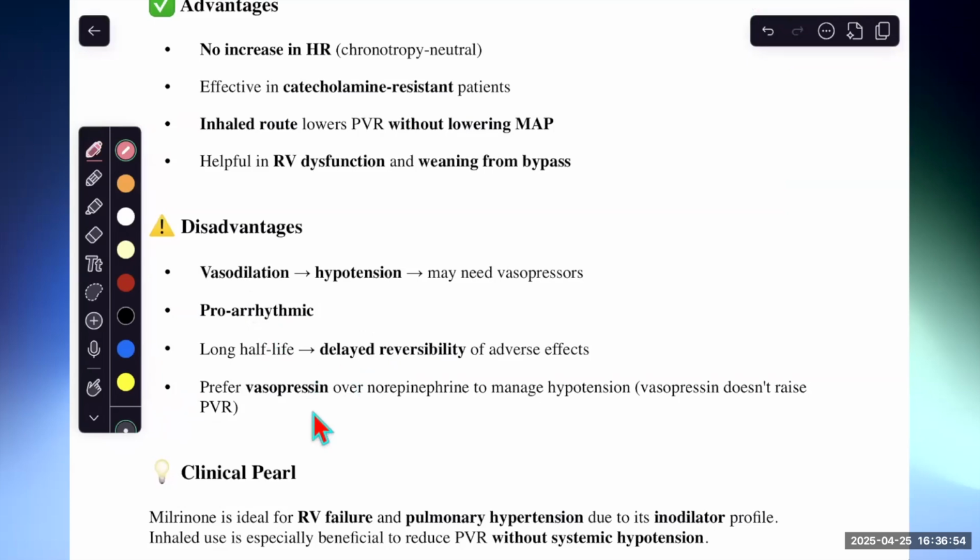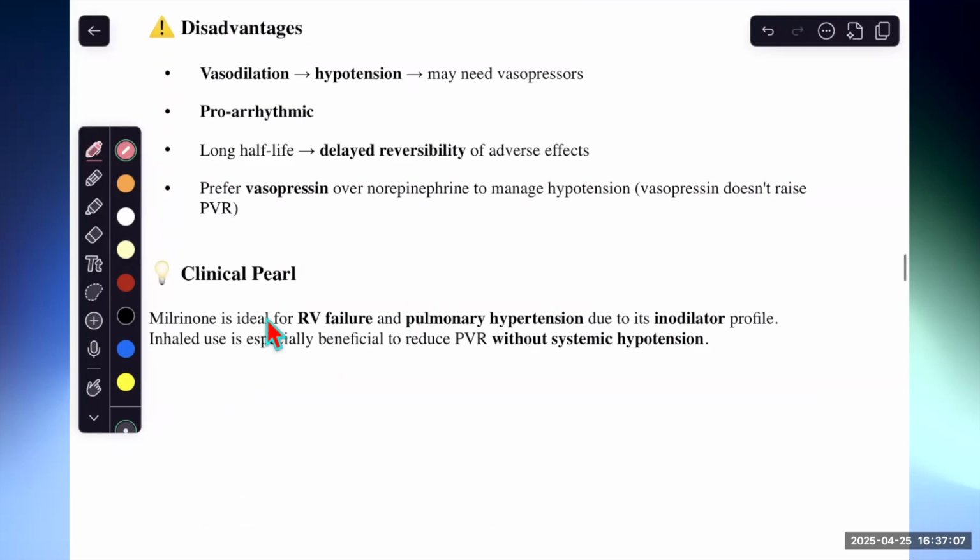Okay, if it has a vasodilated effect or hypotension, go with vasopressin, because vasopressin does not have any effect on the PVR. The clinical thing I want to say, it's used in RV failure, pulmonary hypertension, as an inodilator. Inhaled has this benefit of decreased PVR without systemic hypotension.